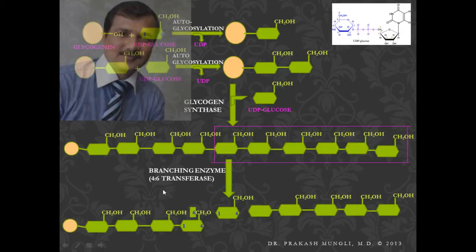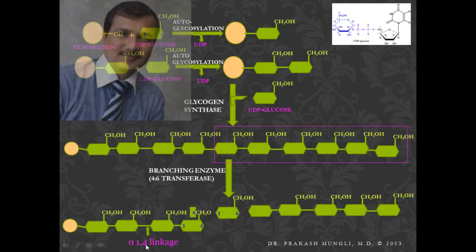In this animation I have shown it individually, but generally the entire thing is cut and attached here. So this is carbon 1, carbon 4, and the carbon 6 of this glucose residue here. This particular area is cut and then attached to the 6th carbon of the glucose residue here. So this is the alpha-1,6 glycosidic bond.